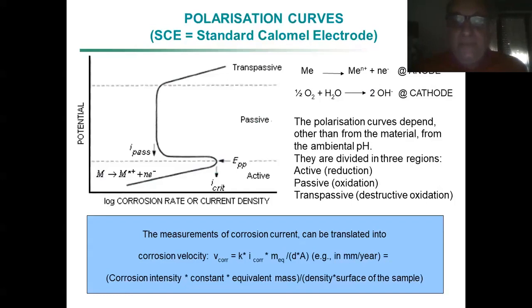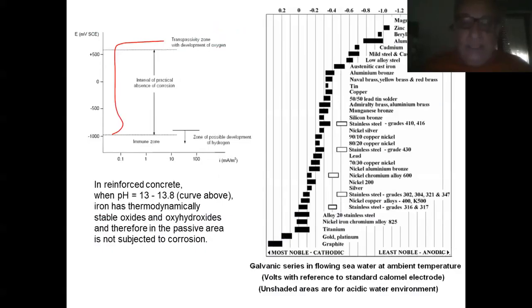Of course, we have one curve for every material and every pH, or to say it better, for every material, we have a number of these polarization curves, one for every pH. I'm showing, just to conclude, an example of this situation.